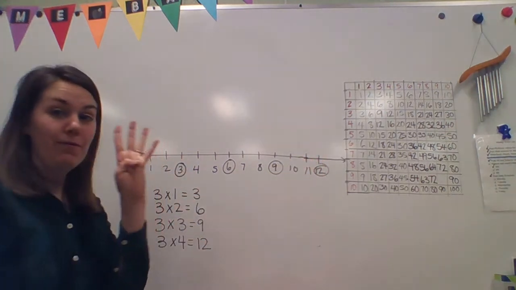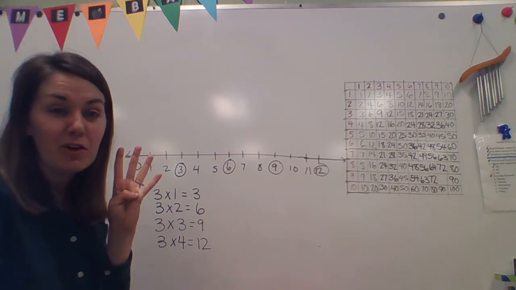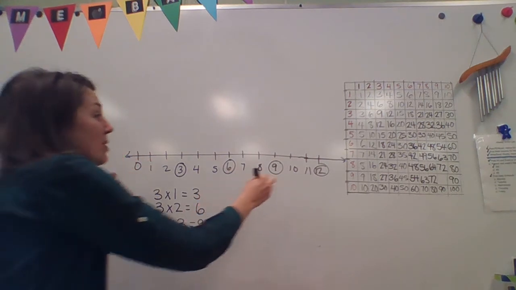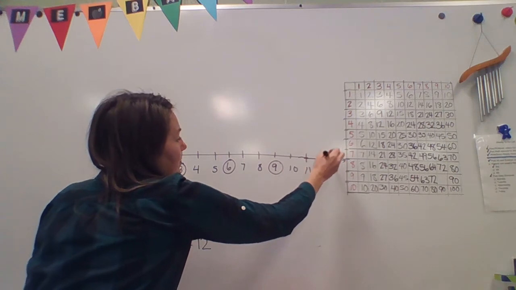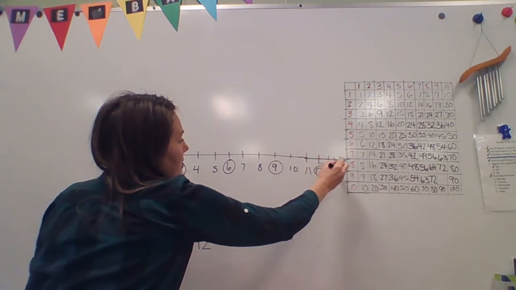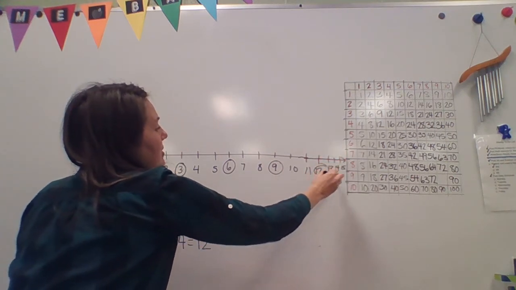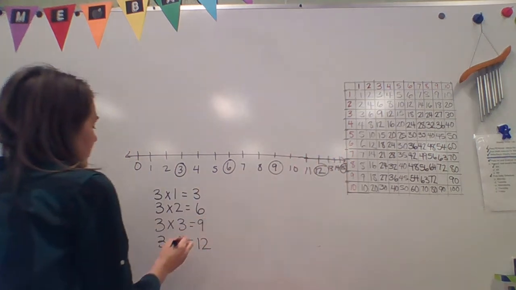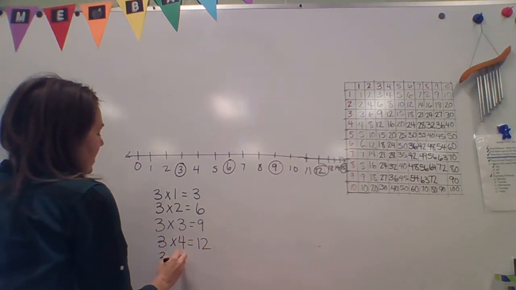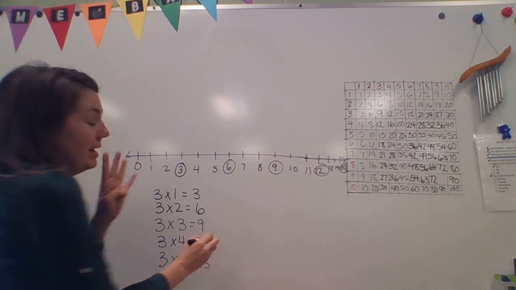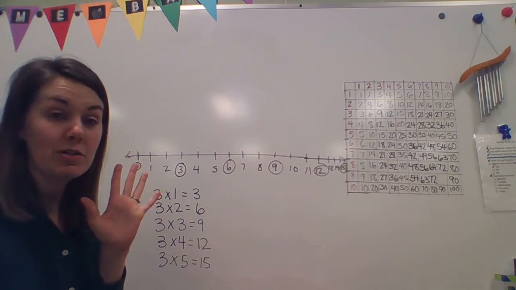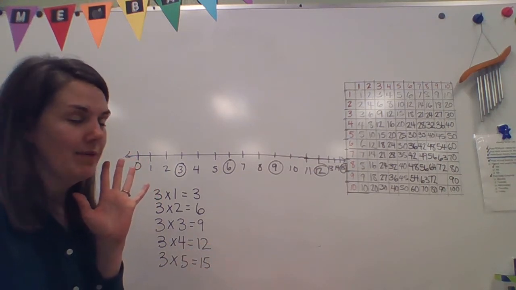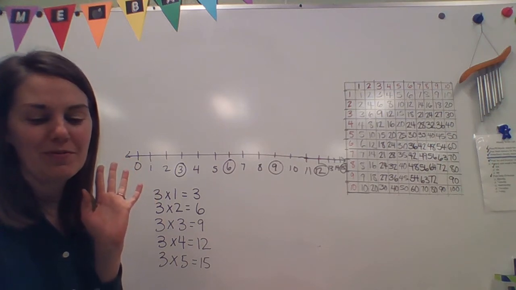All right, so that's 4, but I need the first 5 multiples. I need to keep going. So I'm going to make them kind of small. 13, 14, 15. So the next 3 numbers, 15. 3 times 5 would be 15. And now I have my 5 first factors. Or I'm sorry, my 5 first multiples of 3.